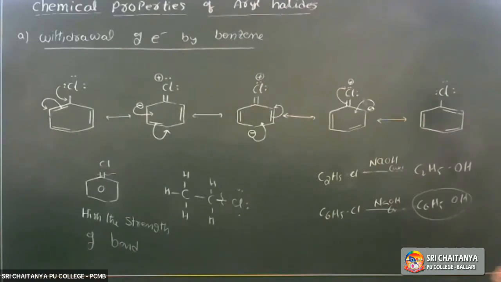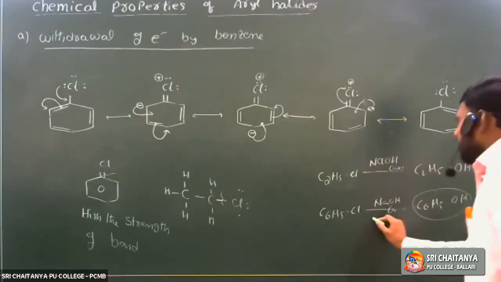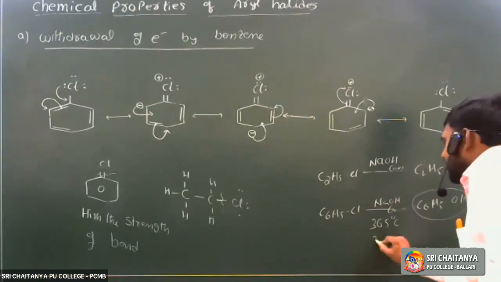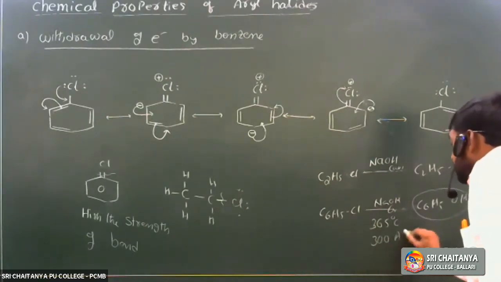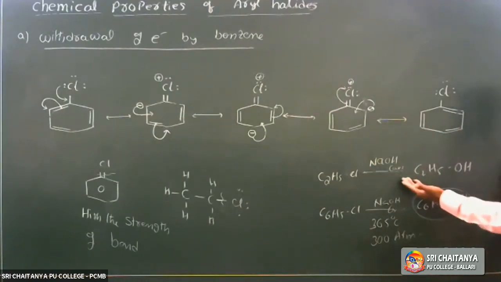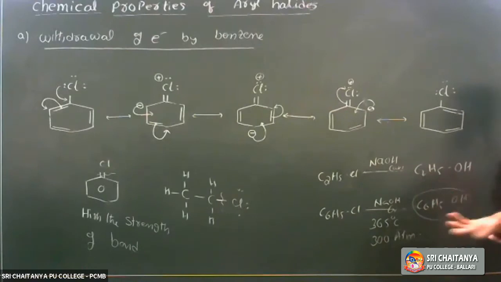To form phenol, nearly 365 degrees centigrade and 300 atmospheres of pressure are required, whereas the alkyl halide reaction takes place at room temperature and just 1 atmosphere pressure.